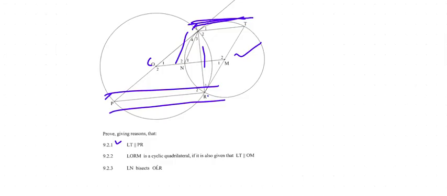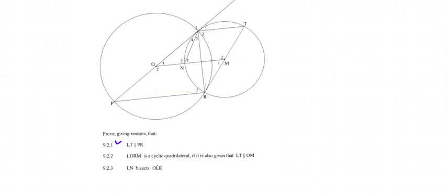L2 equals 90 and R2 equals 90. You can see that L is at a 90 degree angle, and over here R is also at a 90 degree angle. So we can say that L1 equals R1 and R1 equals P. So L2 equals R2 and LT is parallel to PR.